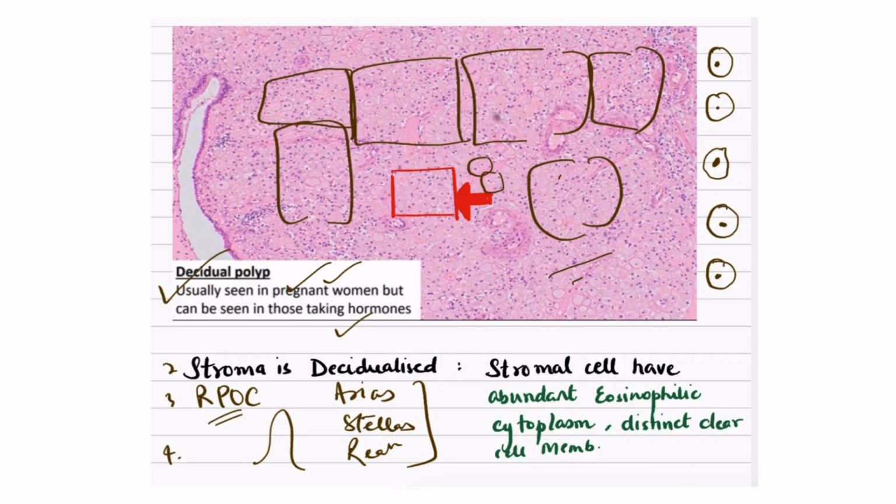Because once you see this, either decidual polyp, if it's not a polyp, then it can be anything related to pregnancy, old, new, anything. So write everything in differential diagnosis as decidualized stroma. Reason can be any, but write the findings very clearly so that you rule out the confusion and keep yourself safe medico legally.